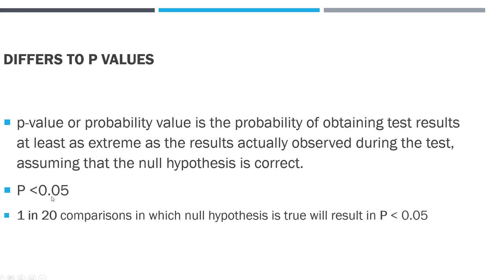We want the p to be below 0.05. And what that basically means is there's a 1 in 20 chance that your null hypothesis is true. So if you were to repeat the study 20 times, only 1 in 20 times would you find a null hypothesis in that situation.